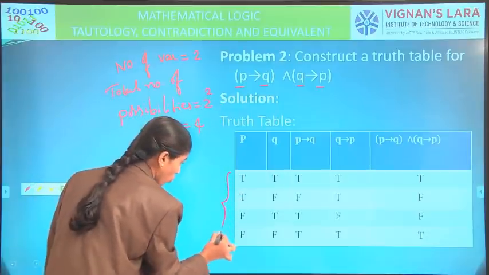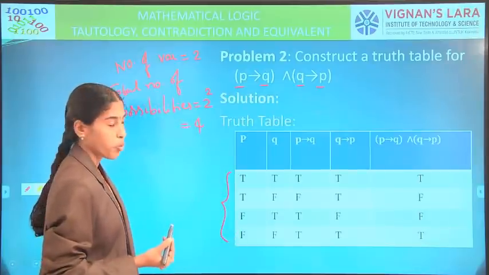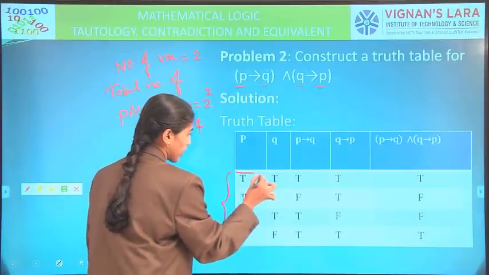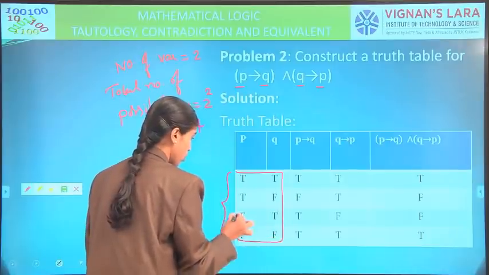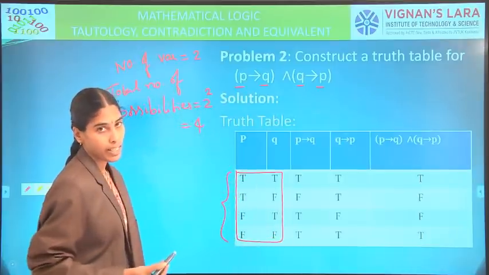So, we have 4 truth value possibilities. What are those? TT, TF, FT and FF.